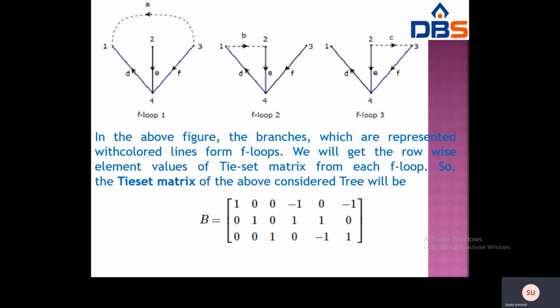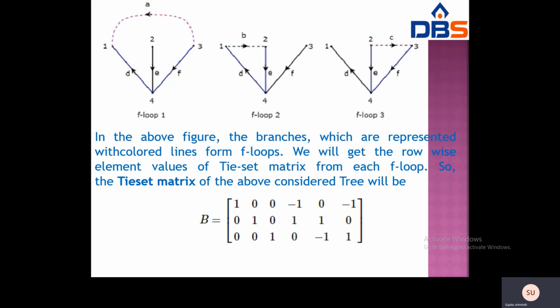When you observe the first loop, it has A and D, F, E. The direction will be the same for link 1. The second is not related, so put it as 0, and the third will be 0.